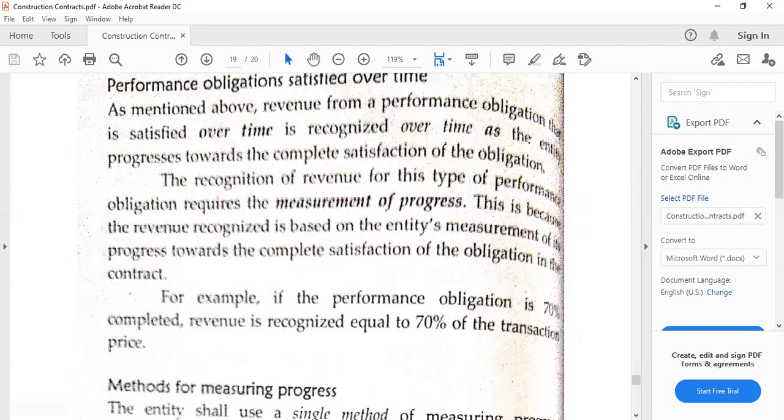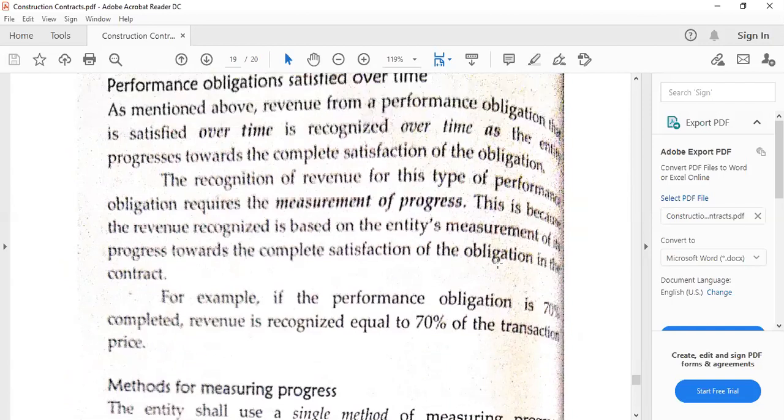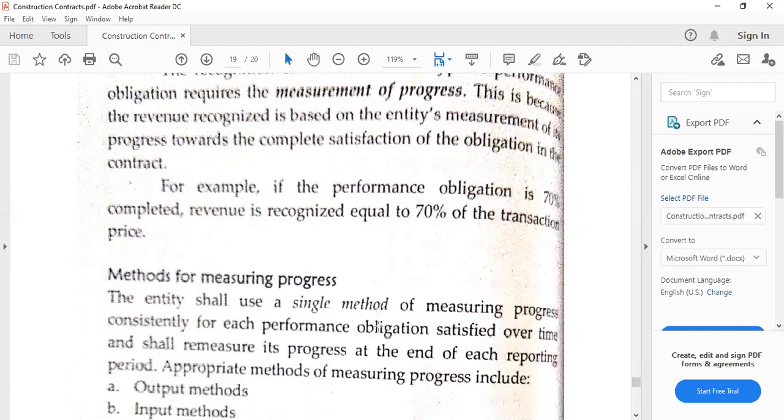If satisfied over time, this is based on the measurement of progress. Let's say 70% has been performed, so we have to recognize revenue equal to 70%. You call that the construction revenue, which will be presented in the statement of comprehensive income, in the profit or loss or income statement section.